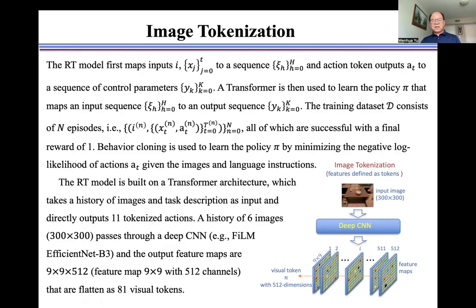A history of 6 images with a resolution of 300 by 300 passes through a deep convolutional neural network, and the output feature maps are 9 by 9 by 512 that are flattened as 81 visual tokens. As shown here, this input image, this deep CNN. We use the features generated by the deep CNN as tokens that are fed into the transformer.